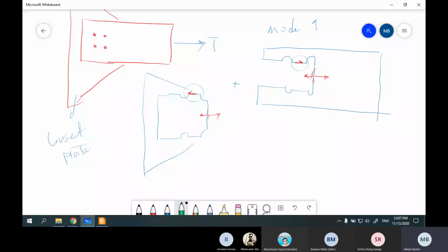What is this? This is tension. Okay. What is this? Shear. Yes. In this one and this one, they slide against each other.